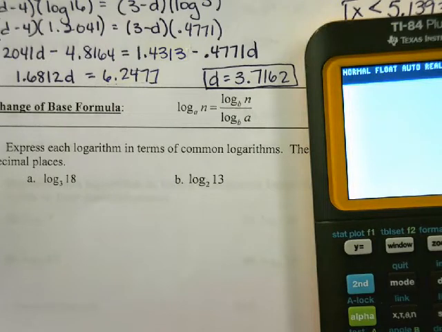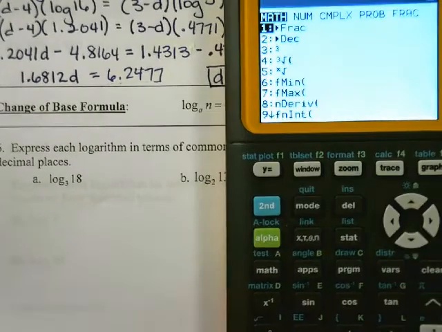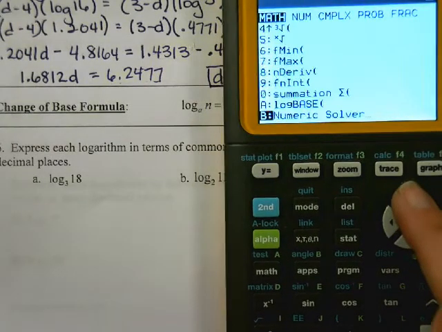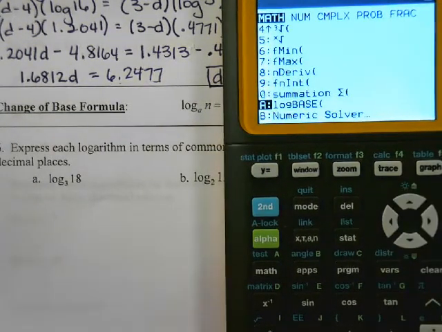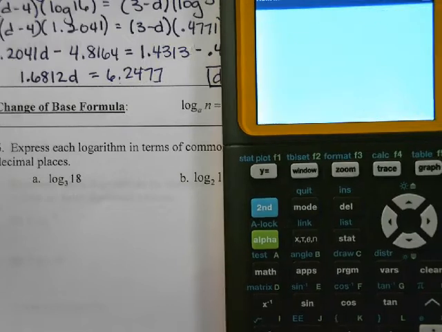If you hit the math button, which is below the green alpha button, and scroll up a few times, you should see something that says log base. If you scroll through that whole menu and it doesn't have it, then you don't have this capability. If you pop that in there, now I can do a different base.